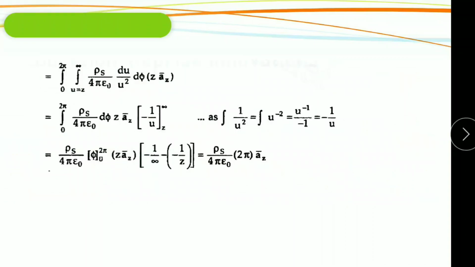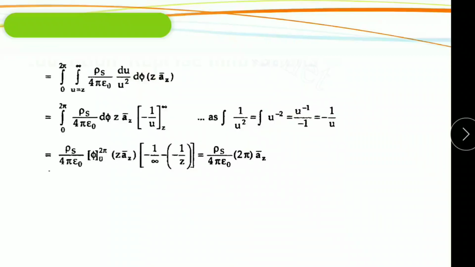Now first we apply the integration for u. Whenever we apply the integral for a u term, we have to take only u terms. That means all the remaining terms should be taken as constants. So the integral of 1 by u square is minus 1 by u, and the limits are z to infinity.